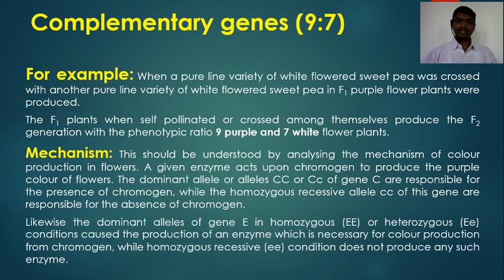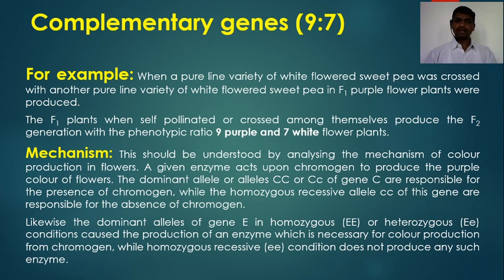Likewise, the dominant alleles of gene E, in homozygous or heterozygous conditions, cause the production of an enzyme. A similar thing I am going to discuss for another gene, that is the E gene. Homozygous means both alleles are dominant, and heterozygous dominant means only one dominant allele is present.